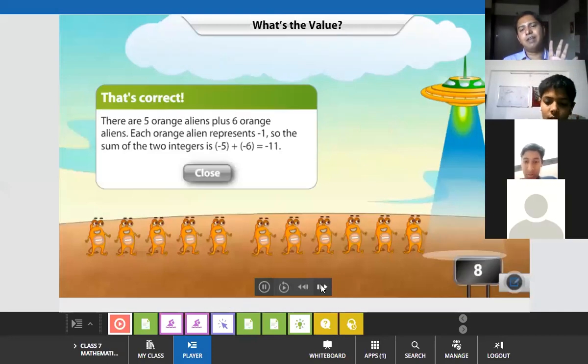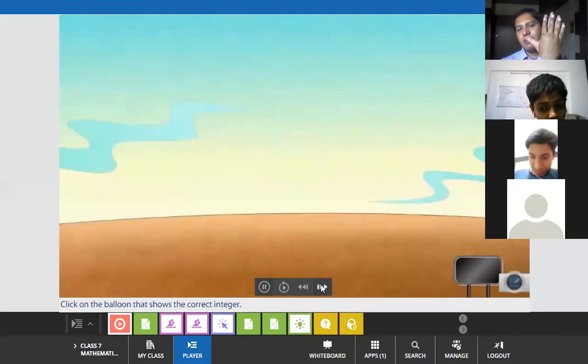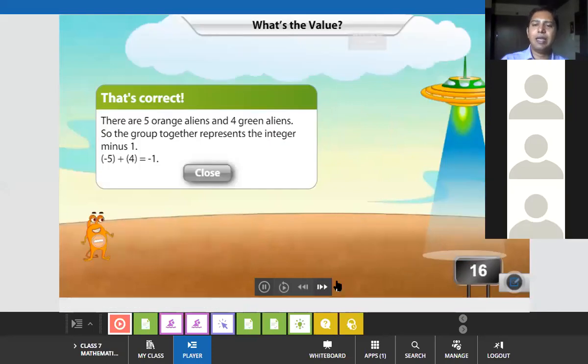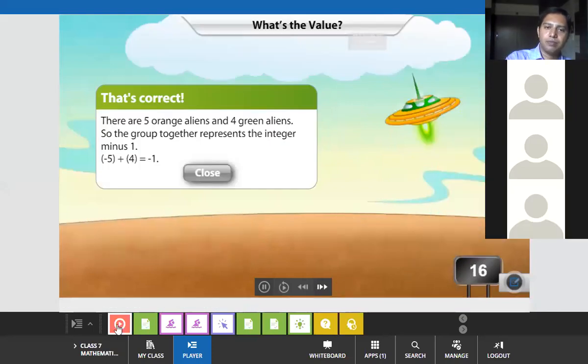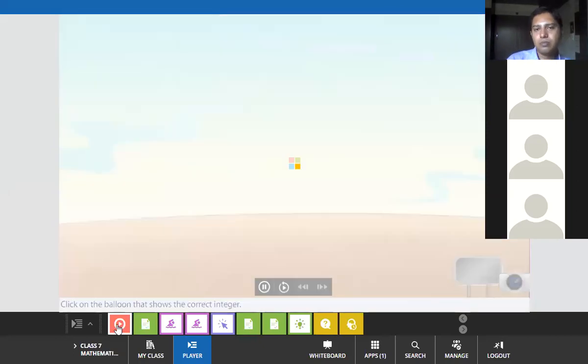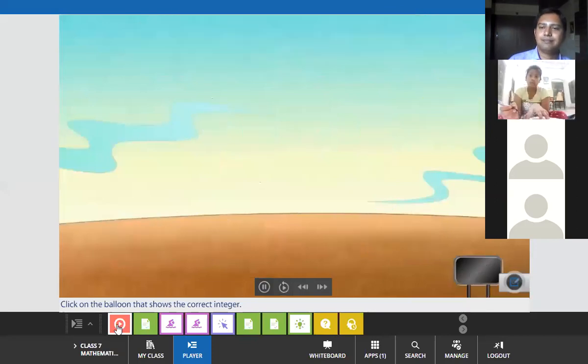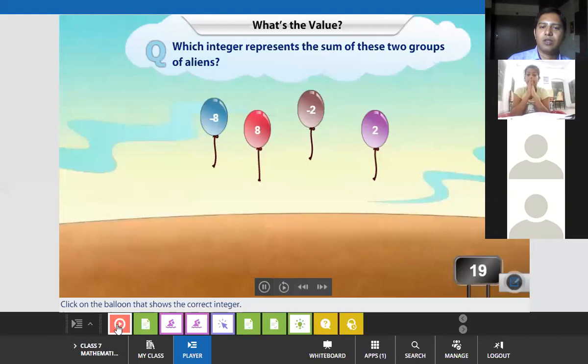Now, negative 1, minus 1, only one negative, so -1. Let's move on. Click on the balloon that shows the correct integer.